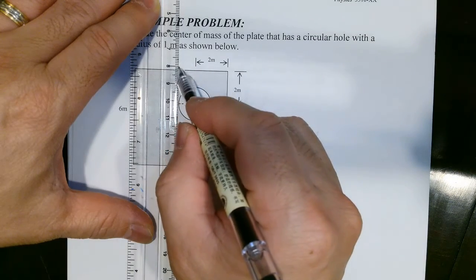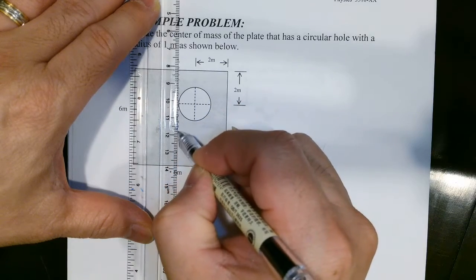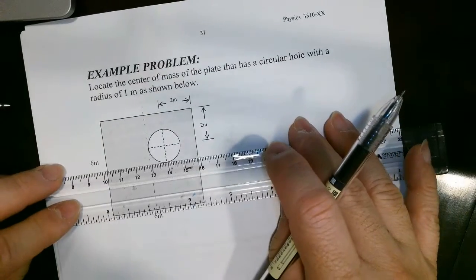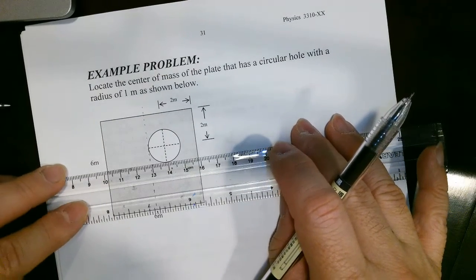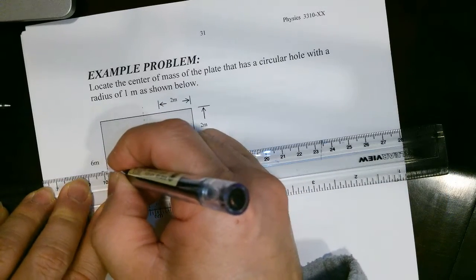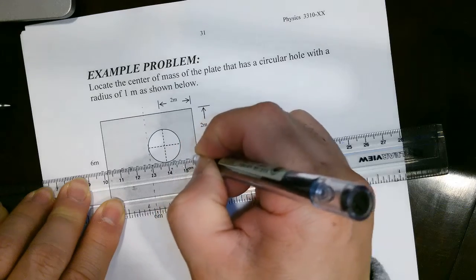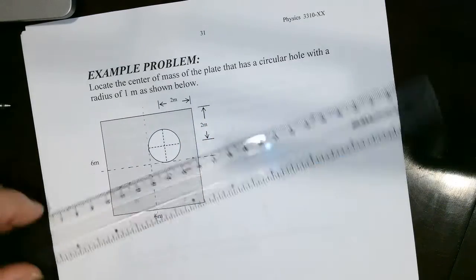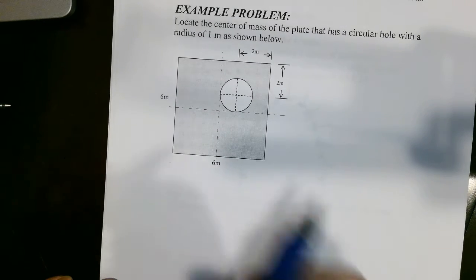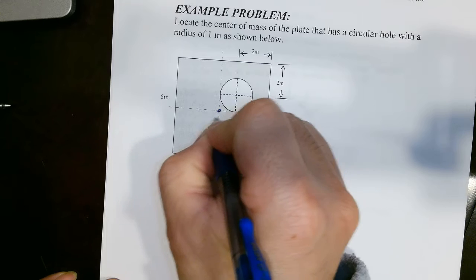So if I use that symmetry method and use that as my origin, I'm going to consider the center of mass of the plate to be my origin. So I'm going to say this right here is my 0, 0.